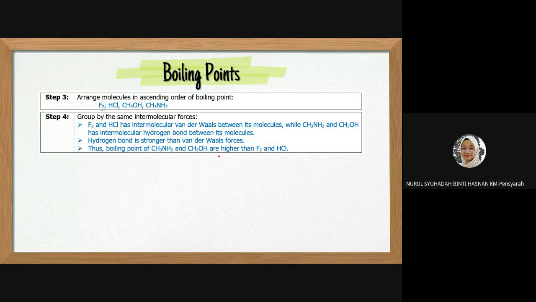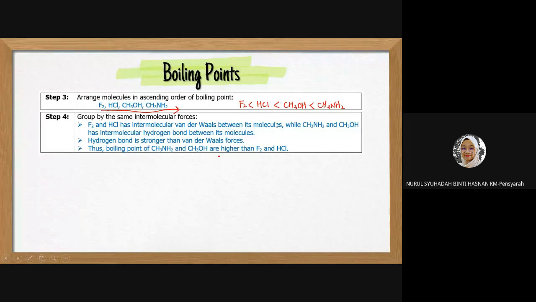So kita akan tambah arrow dekat sini, ascending boiling point, ataupun kita boleh tulis F2 smaller than HCl, smaller than CH3OH, smaller than CH3NH2.